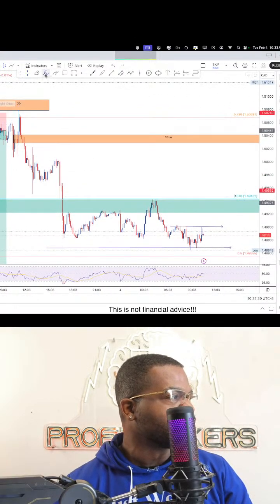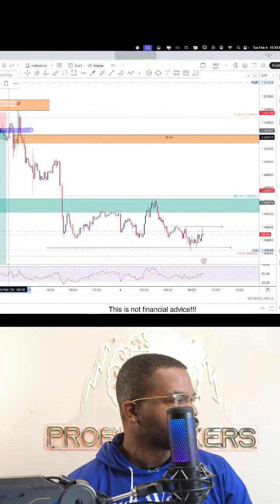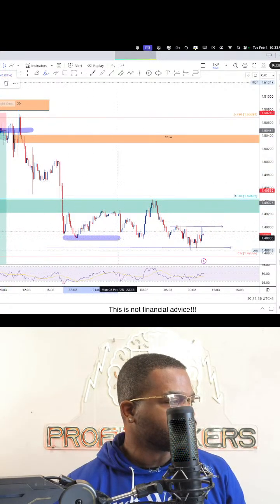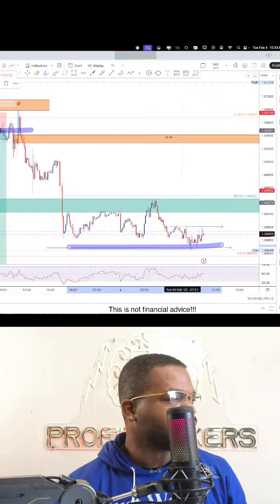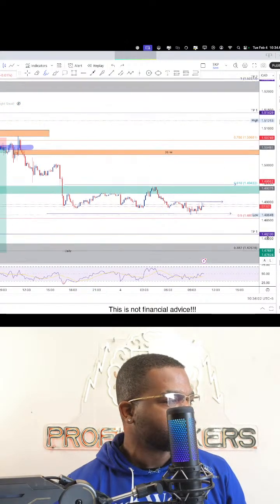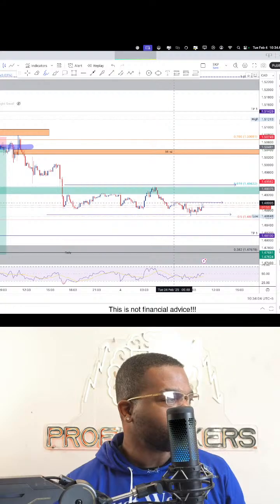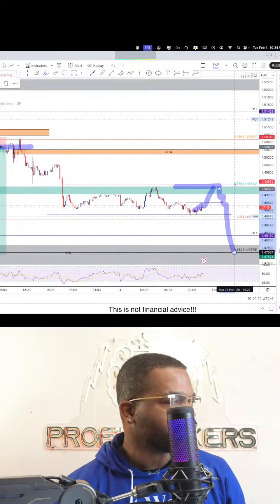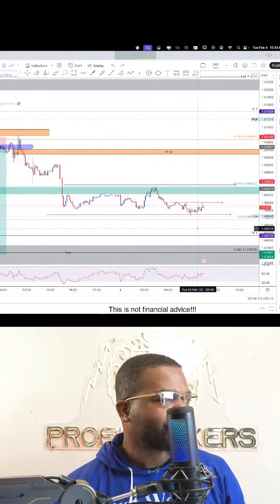This is our Euro sale entry right here. And right now, price is trading in consolidation. What I want to see is if price will pull back from this area to retest this 618 and give us another rejection to head towards our last target.